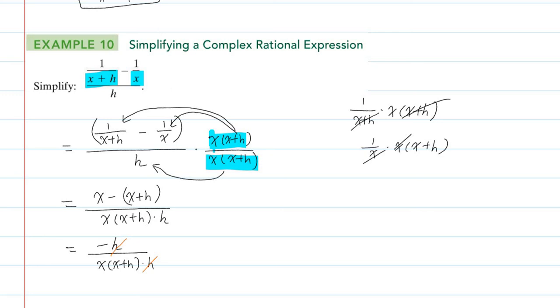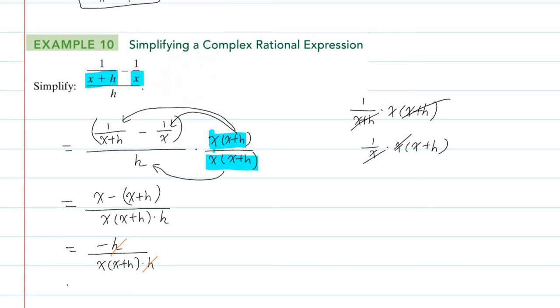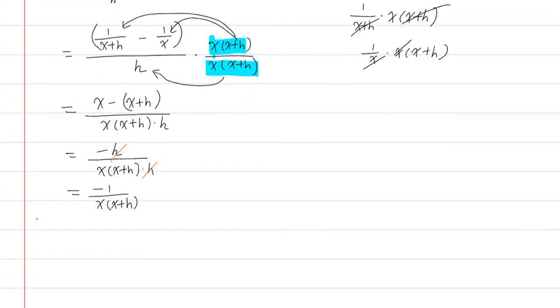So what is finally left over? You're going to have negative 1 over x times (x plus h). And then you can bring the negative sign to the front to make it a little nicer looking. Then that is your final answer.